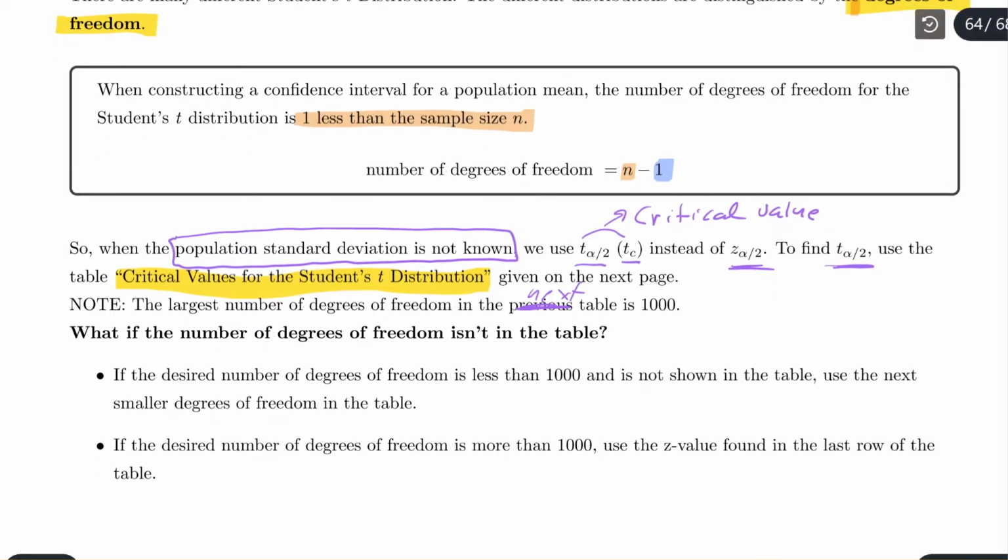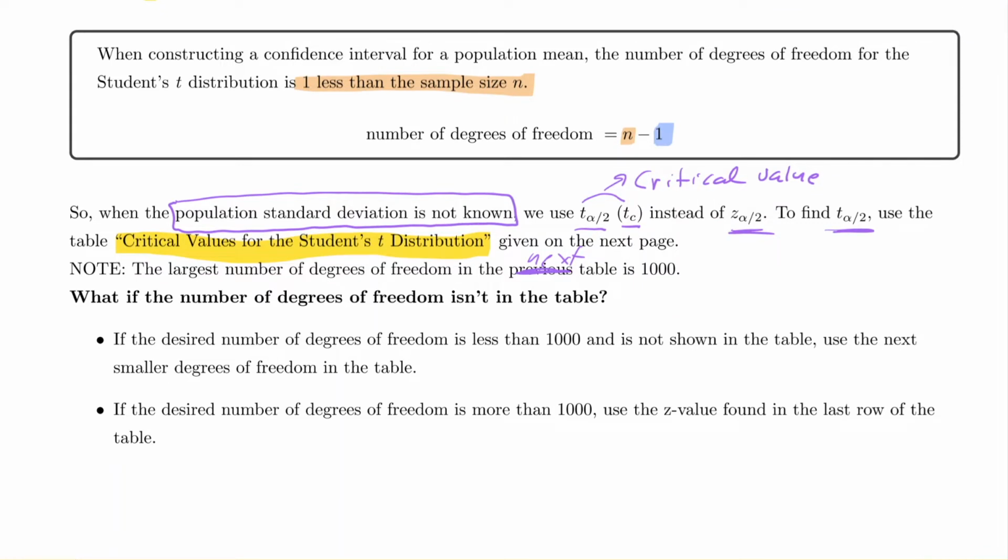If the desired number of degrees of freedom is less than 1,000 and is not in the table, we use the next smaller degrees of freedom. If the desired number is more than 1,000, then we can use the z. We can assume the sample size is big enough to use the z table.